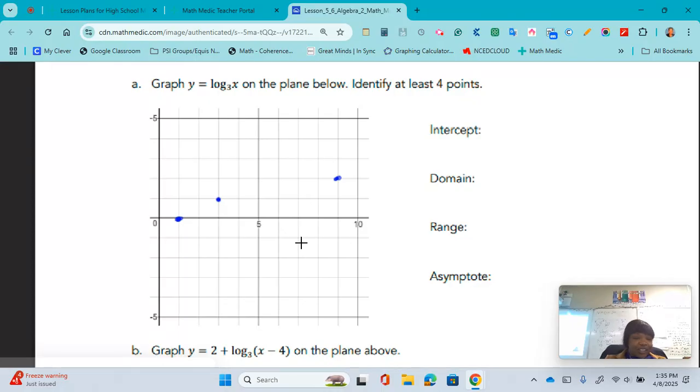Negative 1. So if I input a 1/3, I output a negative 1. All right? And we could create 1, 2, 3, 4. We got 4 points. Create our logarithmic function.